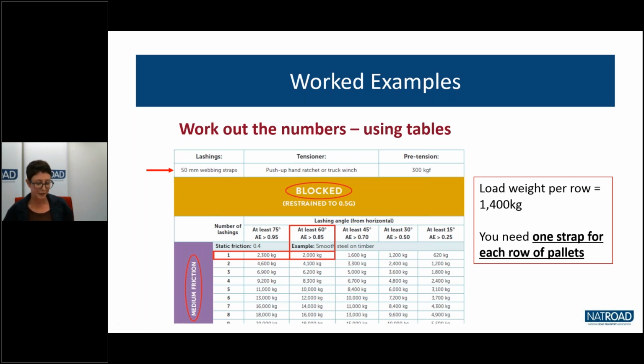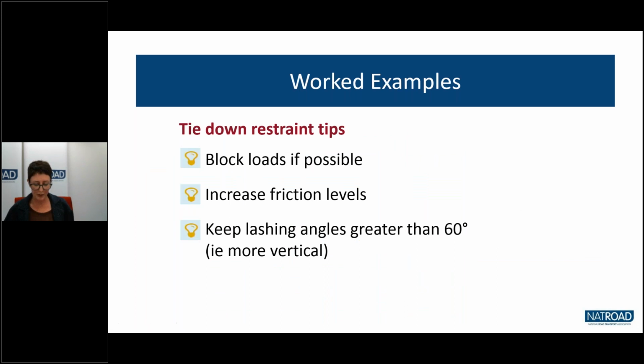Just a couple of tips when using the tie-down restraint method. Again, block the loads where possible, and this means the whole front of the load. For this example, if you're looking at the table for the unblocked loads, which is also in the appendix, you can see that at least 3 straps per pallet row would be required to meet the performance standards.